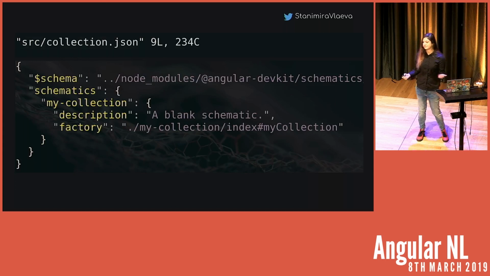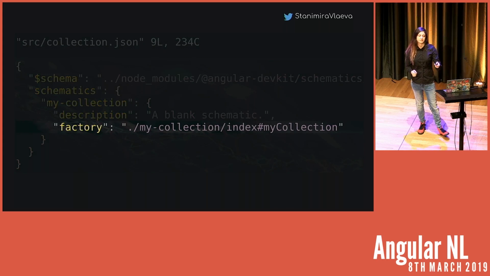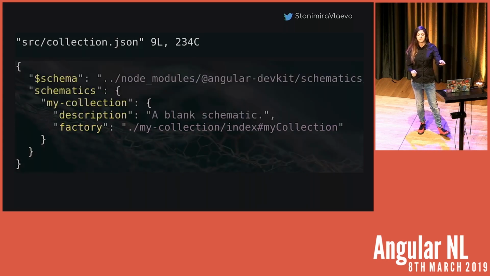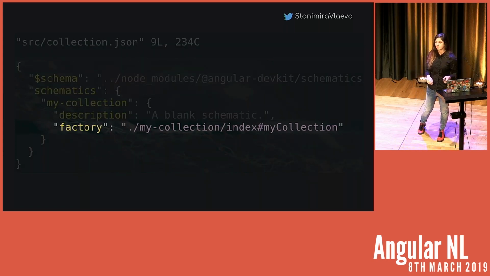It's just a description of, we decided to call them scripts, so schematic scripts. And here we have, okay, let's go back. We have my collection. This is just one schematic script. And we have a factory for it. This is pointing to another file in the source.